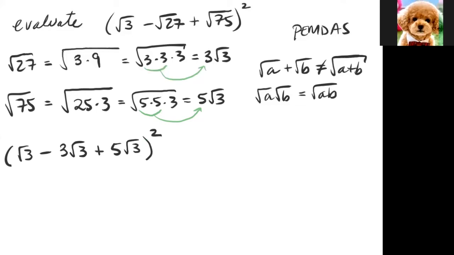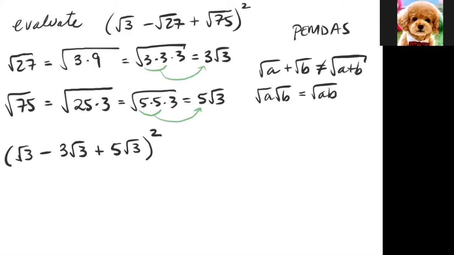Okay. So remember when we talk about like terms, we talk about like terms as having the same variables. So these radicals also constitute like terms because the radical is the same. So if we think about it, if we have 1 root 3 and we're going to subtract 3 root 3's, and then we want to add 5 root 3's, we're always talking about root 3's.